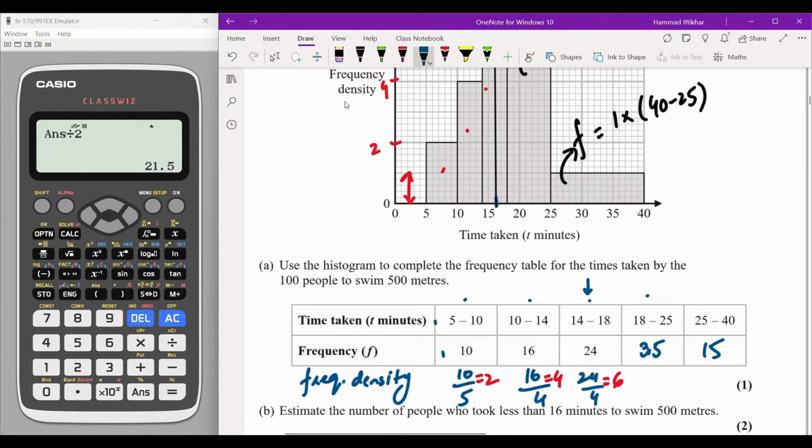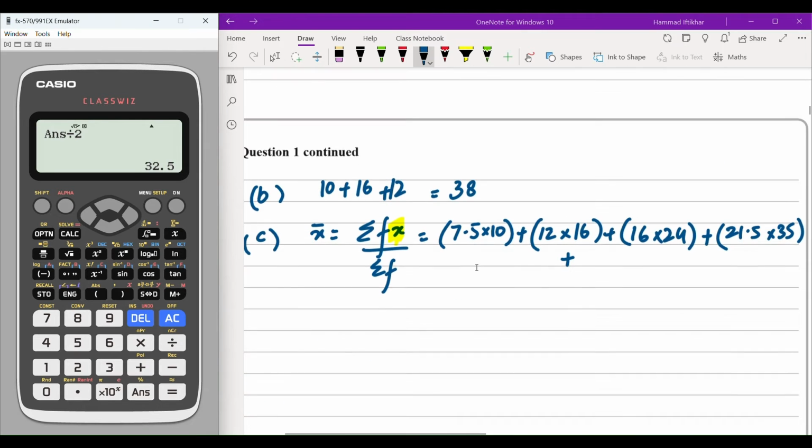Oh no, sorry. Oh no, right. That was fine. Sorry. 15 times 40 plus 25 divided by 2 average. That is 32.5 times 15.